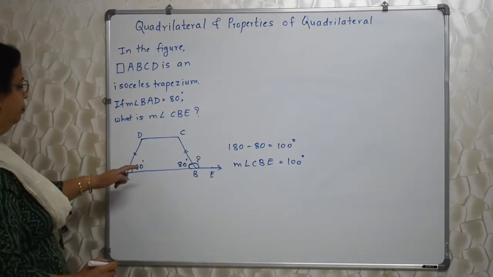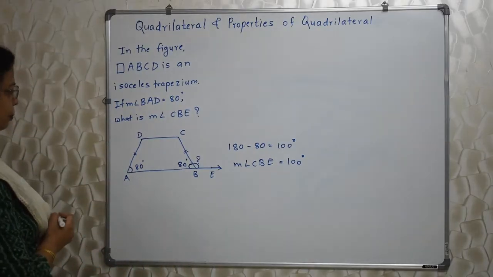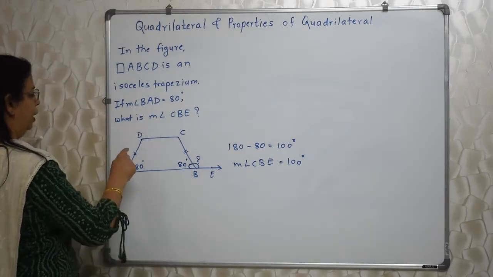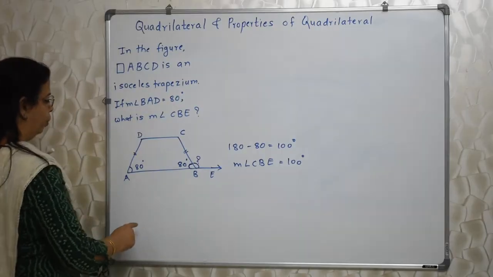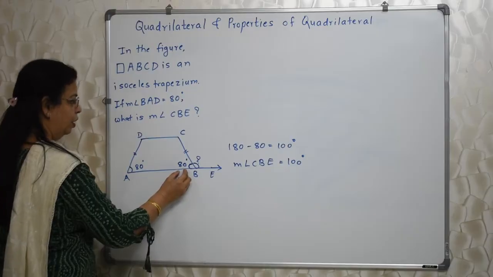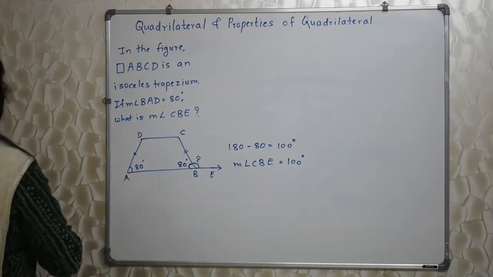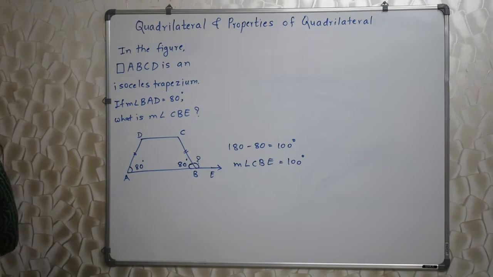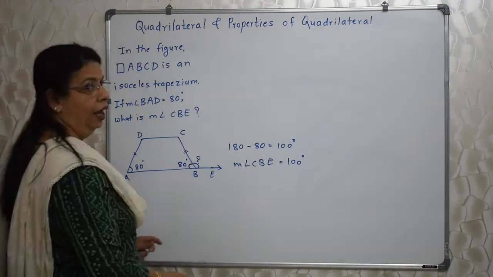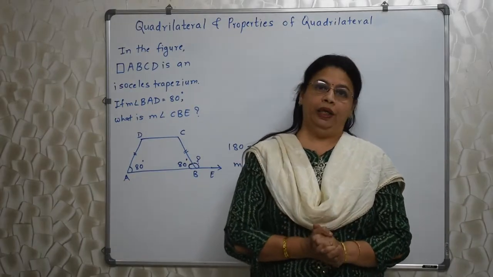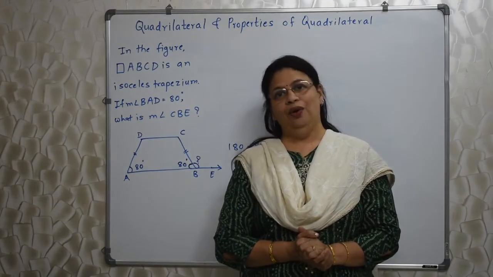Just by using the simple property of isosceles trapezium, where these two sides are congruent, obviously opposite angles are also going to be congruent. This they had given, so this also will be 80. Once we get this, we use the property of linear pair of angles. So we just did one subtraction and we have got the answer. So easy, isn't it? Very easy. That's why I am telling you, learn all properties of various quadrilaterals. Let's move ahead.